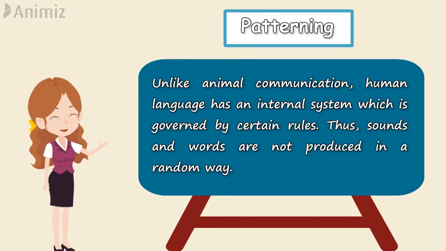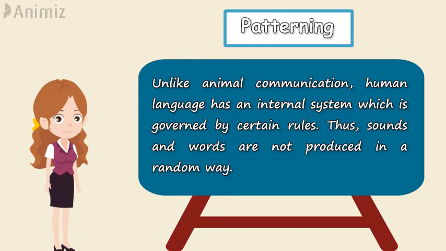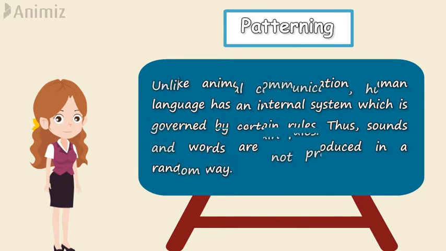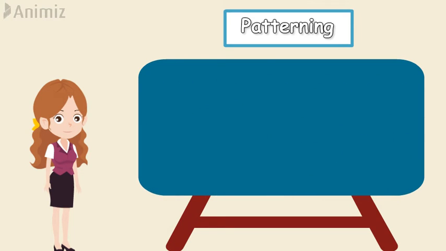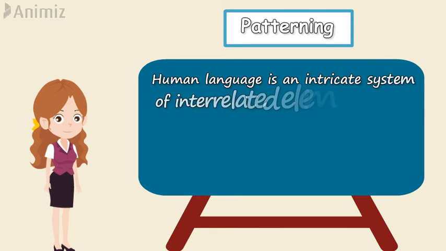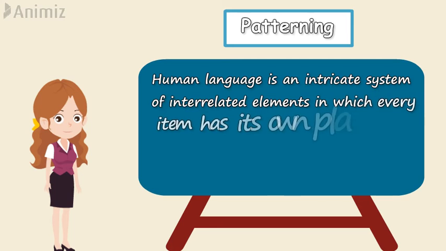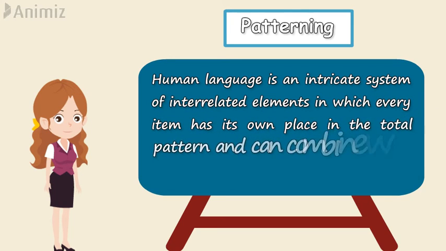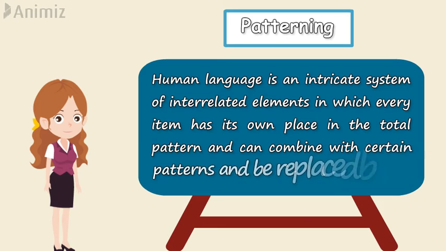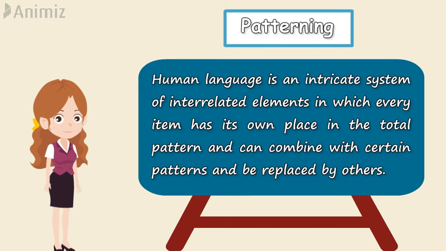Thus, sounds and words are not produced in a random way. Human language is an intricate system of interrelated elements in which every item has its own place in the total pattern and can combine with certain patterns and be replaced by others.